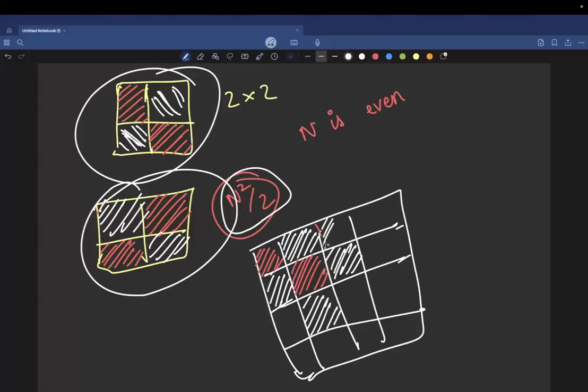I hope you're getting the idea that you will have a pattern like this one. You will have to choose these cells, right? And these would be white.